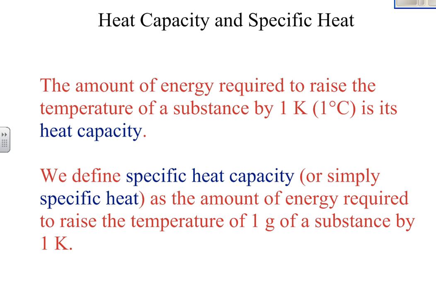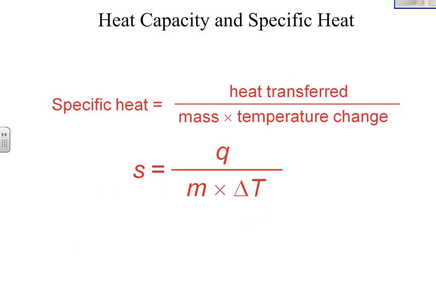The specific heat is defined as the amount of energy required to raise the temperature of 1 gram of a substance by 1 degree Celsius or 1 degree Kelvin. Therefore, the formula for specific heat is the heat transferred divided by the mass of the substance and the temperature change of the substance.